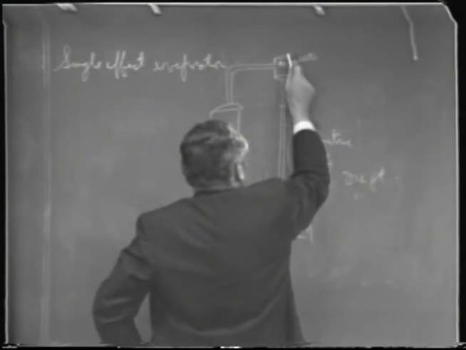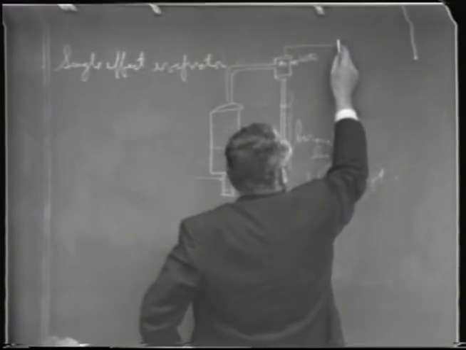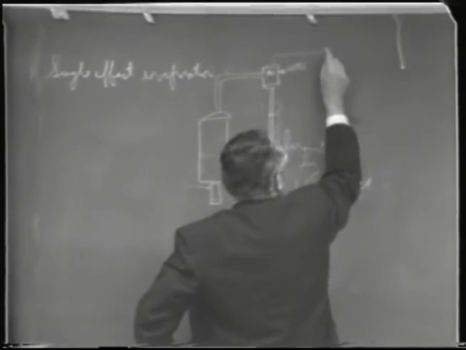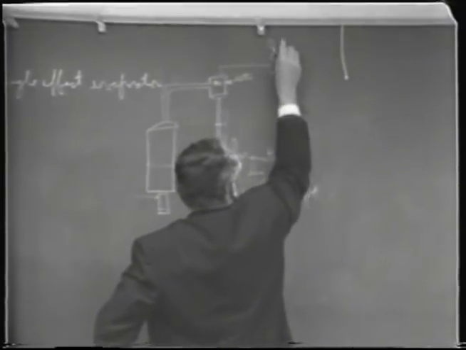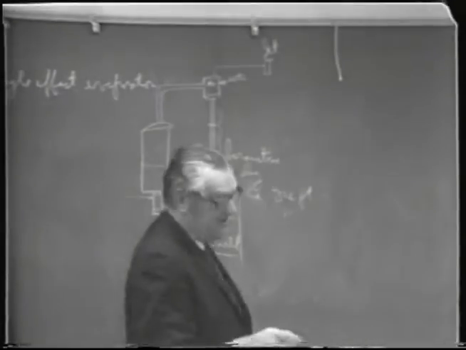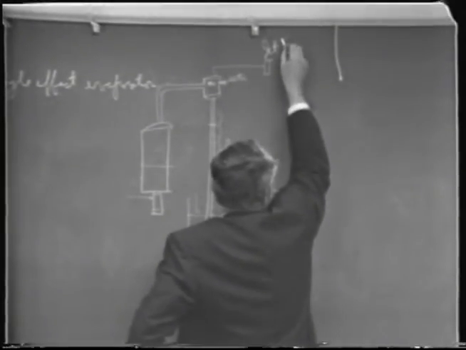In addition to this, we might have a so-called jet ejector here, which I'm not going to try to draw because it would be exactly what this little diagram is on your handout. Jet ejector.